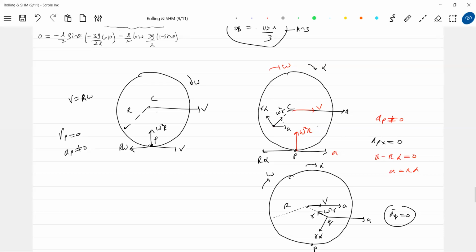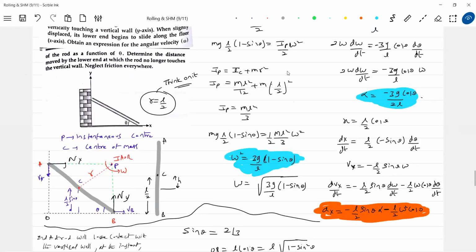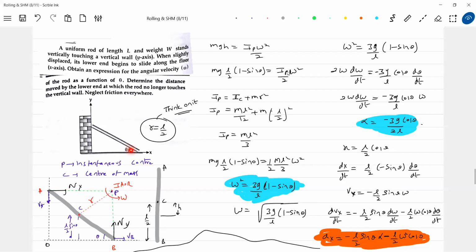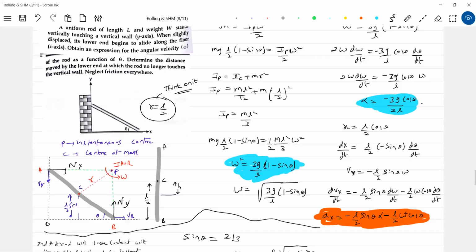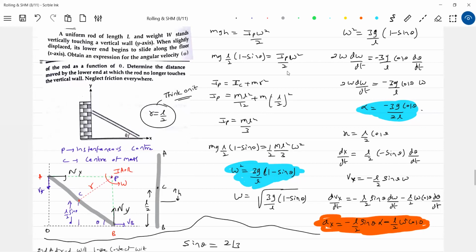What is omega? Omega is d theta by dt, no? What is theta? We define theta here. The rod rotates about this particular point here. So look at omega, try to think here.